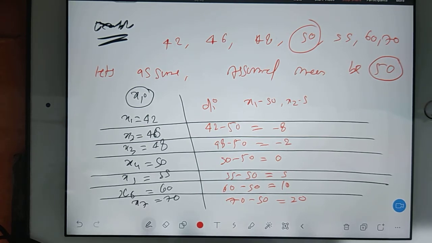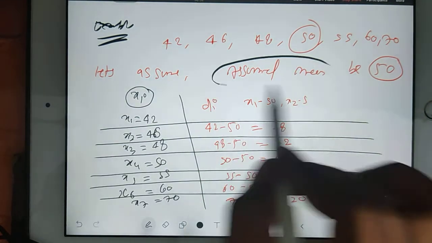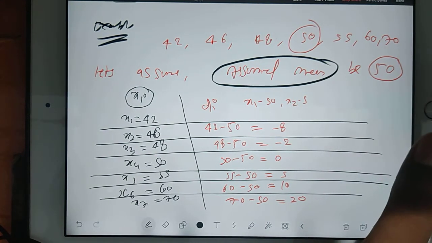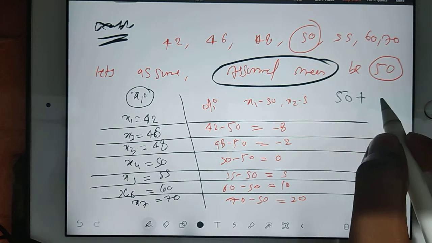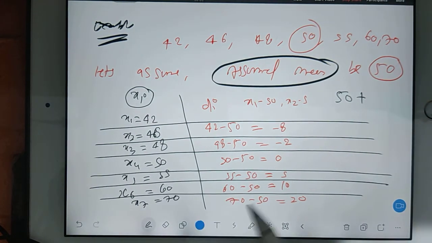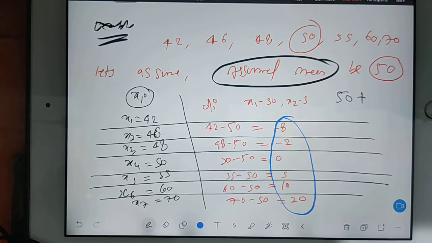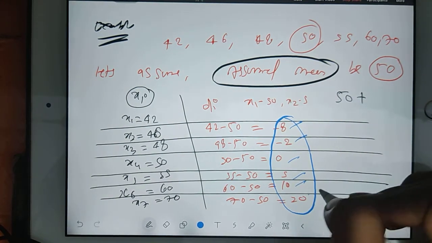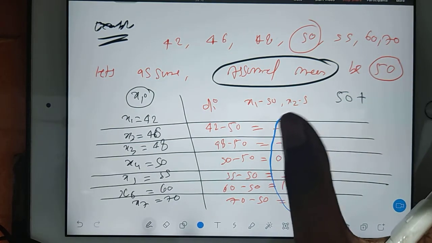Now what will you do? 50 you have already assumed as your assumed mean. Now we are going to calculate the mean. In this 50, I will find the mean of these numbers and add. It means add all these numbers, divide by the total number, and then whatever answer comes you add.